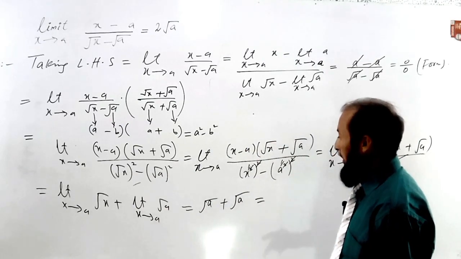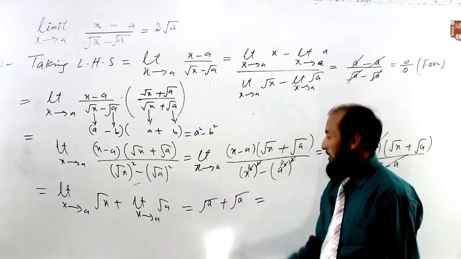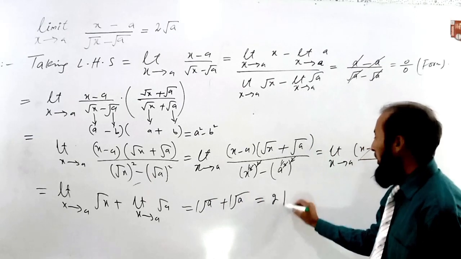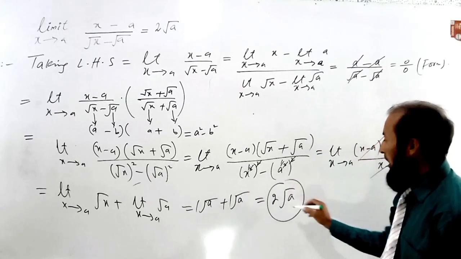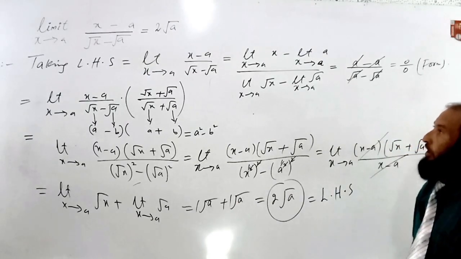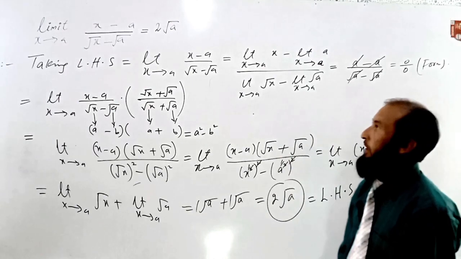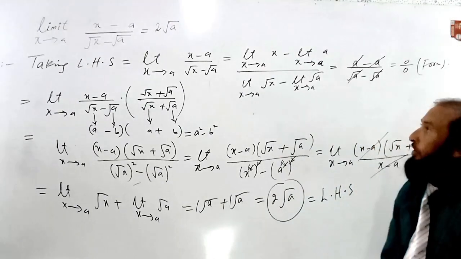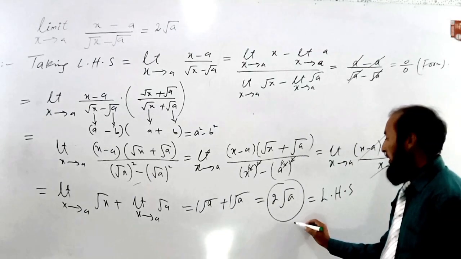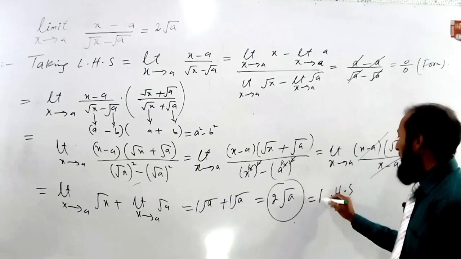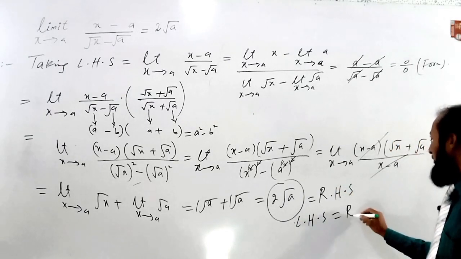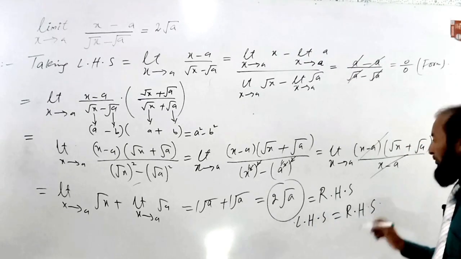Now we get the coefficients of both terms: here the coefficient is 1 and here 1. We add them to get 2 square root of a, which is the required result of the left hand side. So limit of x tends to a, (x minus a) divided by (square root of x minus square root of a) is equal to 2 square root of a. Left hand side is equal to right hand side, which is the required proof.